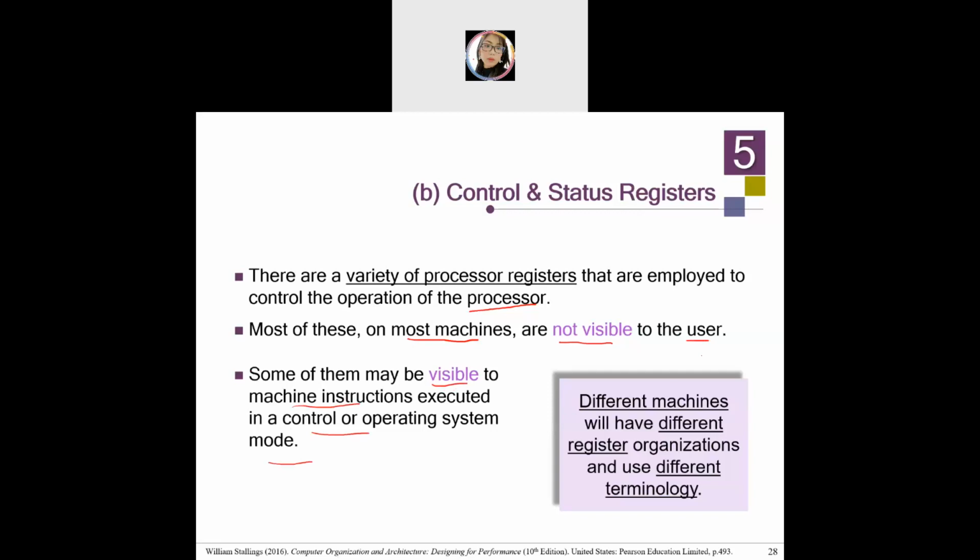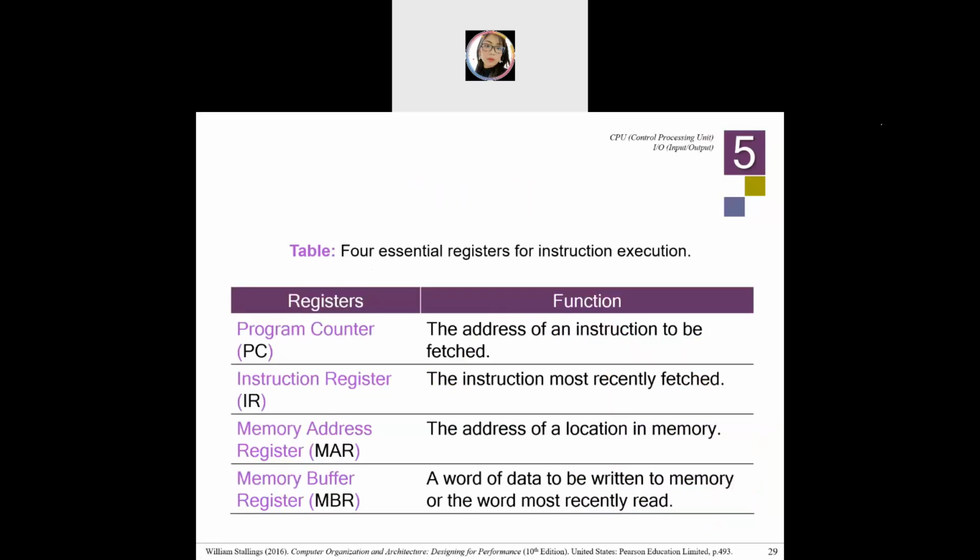So different machines will have different register organizations, and they're going to also use different terminology. We have 4 essential registers for instruction execution.